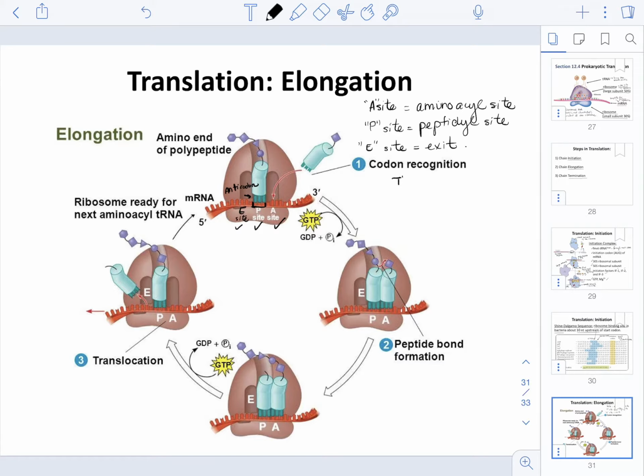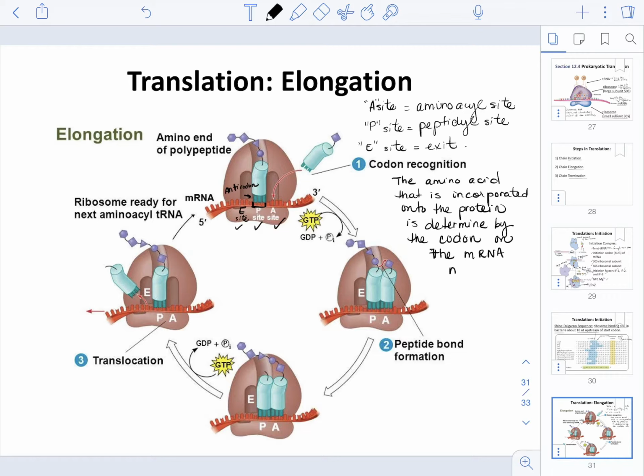So the amino acid that is incorporated onto the protein is determined by the codon on the mRNA molecule.